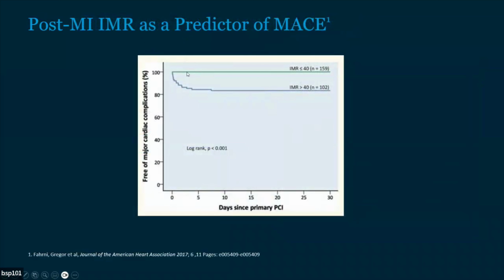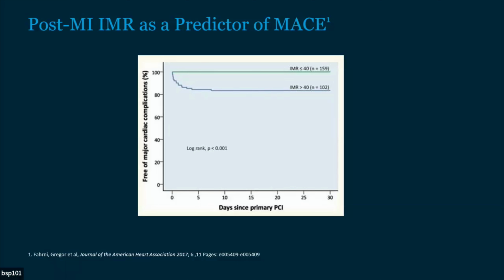And this is a landmark trial that showed, again, if your IMR is above 40 leaving the cath lab after a STEMI or an NSTEMI, you're at increased risk for events going forward. In our world, there are a lot of new therapies out there, both pharmacological and device, that are trying to target this specific patient population.